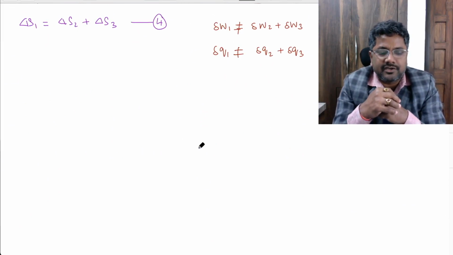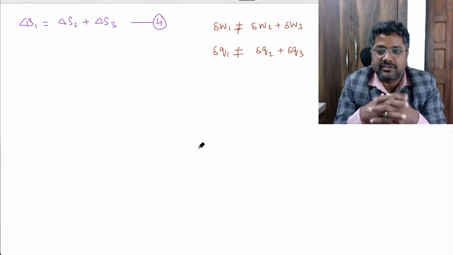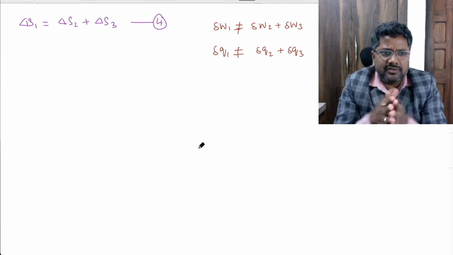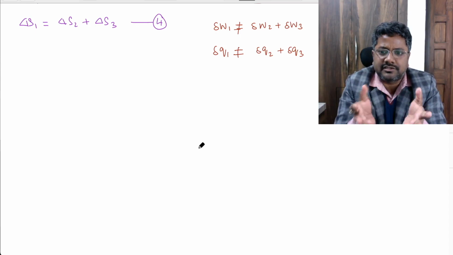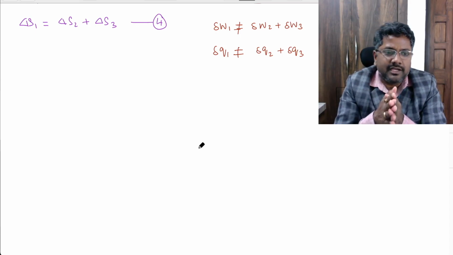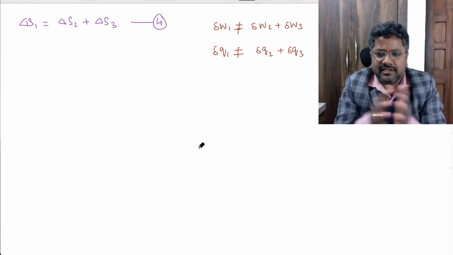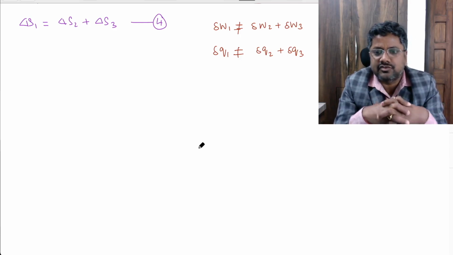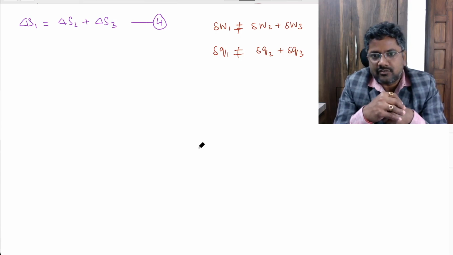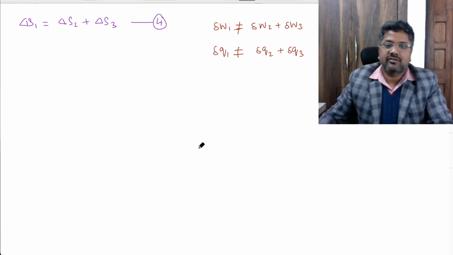What is the meaning of internal energy and the first law of thermodynamics? The zeroth law we have already completed in the gaseous state because this involves thermal equilibrium. If two objects, I think I have explained this, temperature as a potential. So I'm not going to discuss the zeroth law here, I have already discussed it, right? So now I will start from the first law of thermodynamics: heat, internal energy, and PV work, basically pressure volume work.